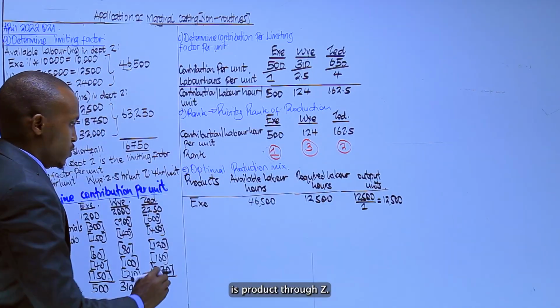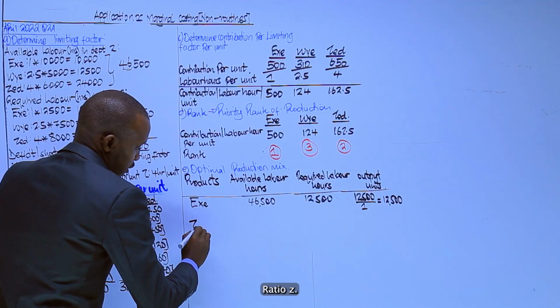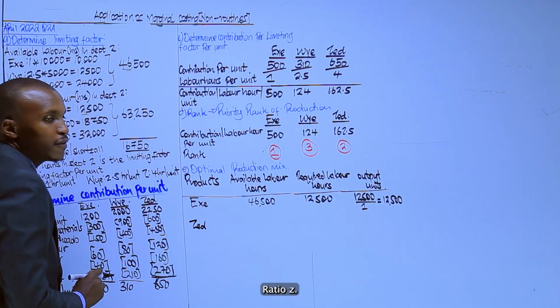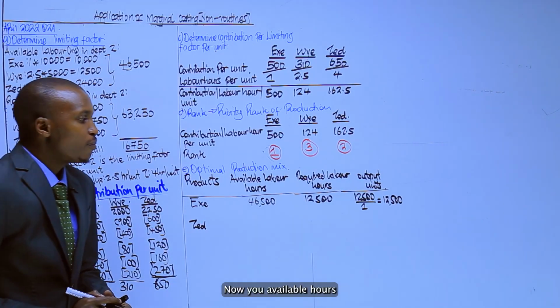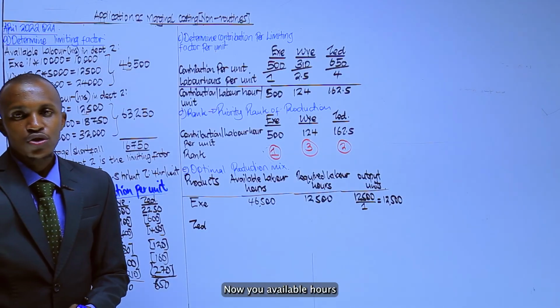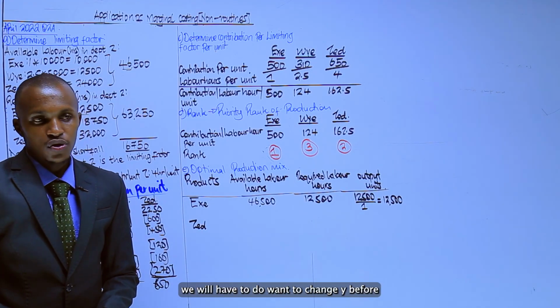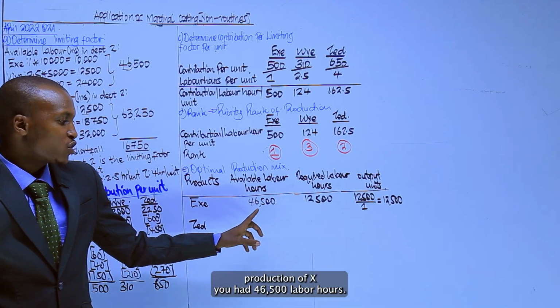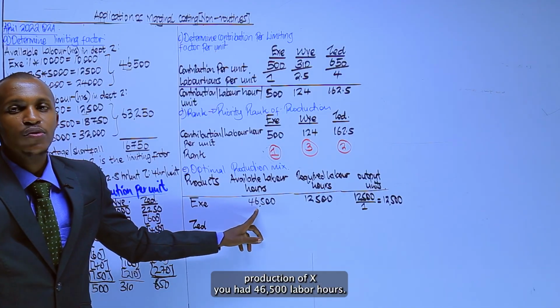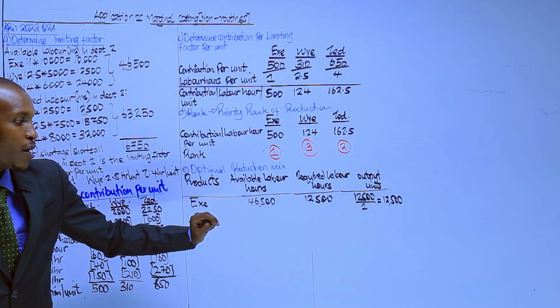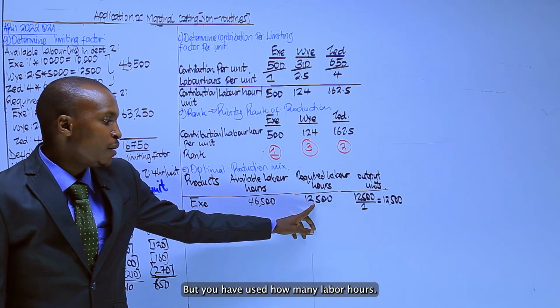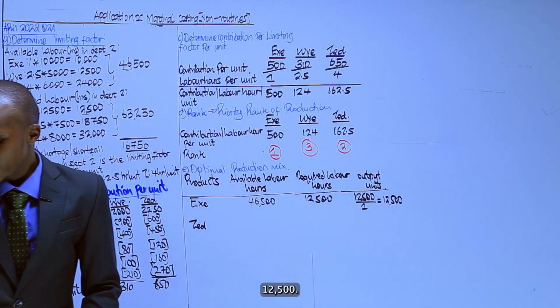The next product according to our rank is product Z. We write here product Z. Now your available hours will have to change. Why? Before production of X, you had 46,500 labor hours, but you have used 12,500.